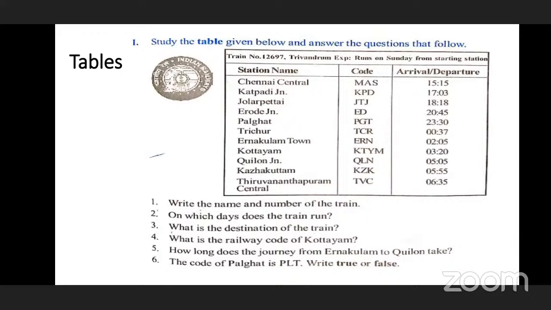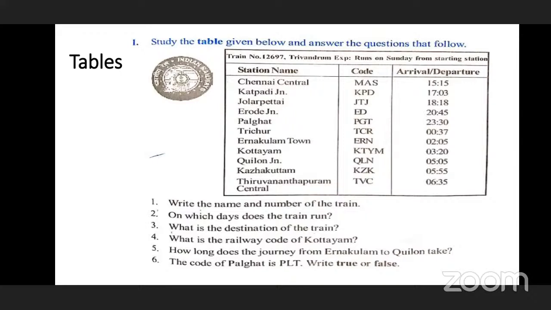See Ernakulam, here it is Ernakulam, its code is ERN, and train moves at 2:05. So in Ernakulam the train moves at 2:05 and it reaches Kollam at 5:05. So how many hours does it take? 3.